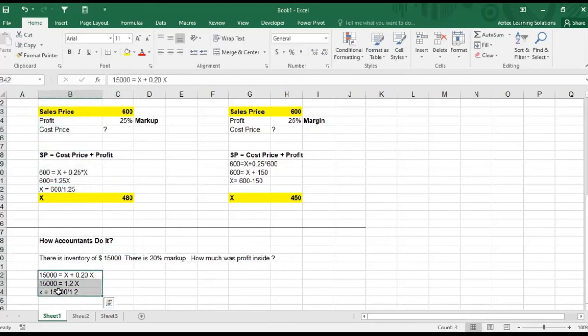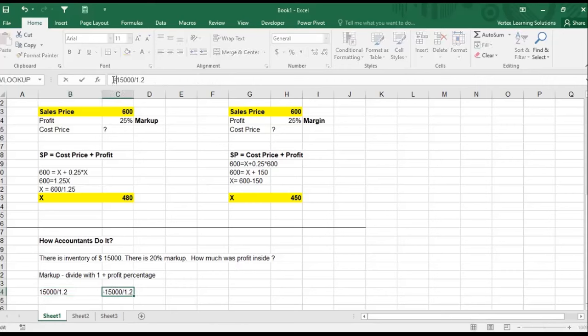But now you should remember, in case of markup, divide with 1 plus profit percentage. That is all you need to do. For example, how much is that? 15,000 divided by 1 plus profit percentage, which means 1.2. That's all. All you need to do is 15,000 divided by 1.2.